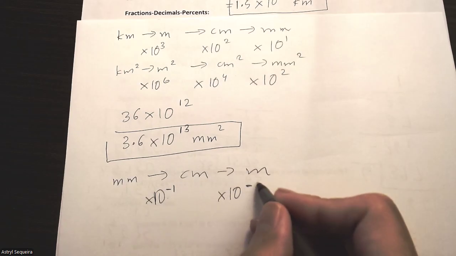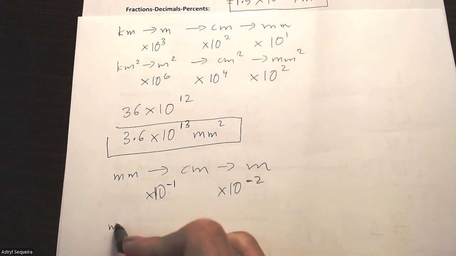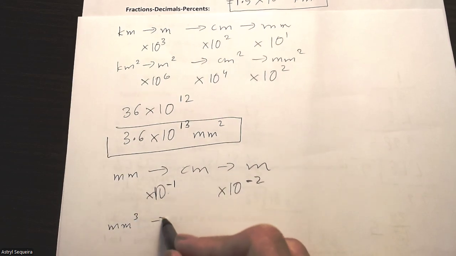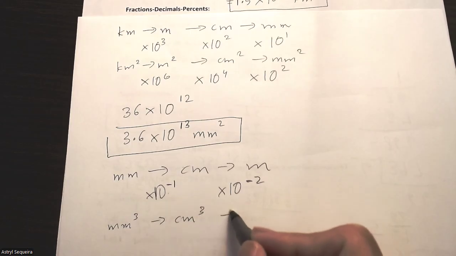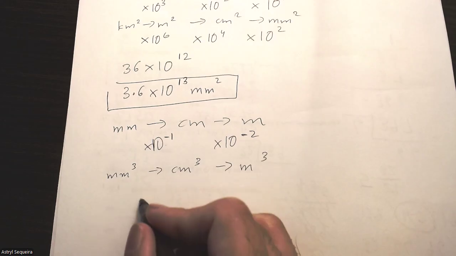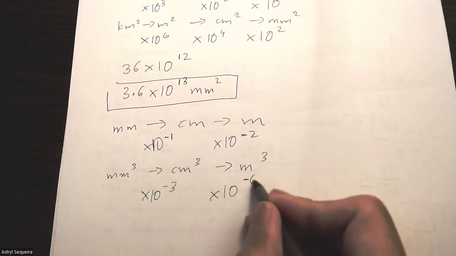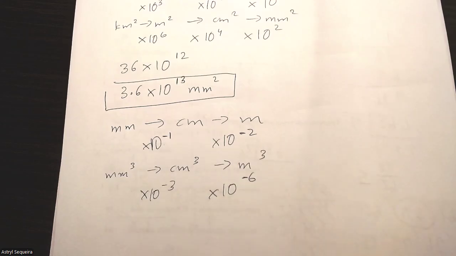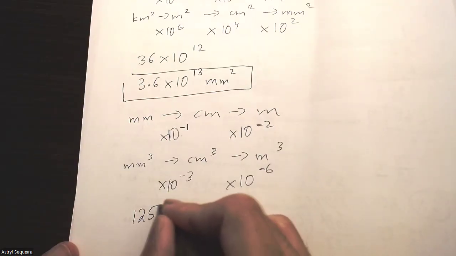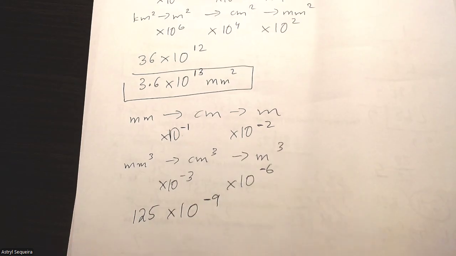Times 10 to the negative 2. Then we're doing millimeter cubed to centimeter cubed to meters cubed, which means this is times 10 to the negative 3, and this is times 10 to the negative 6. So in total, that's 10 to the negative 9 if we add the exponents. So I'm doing 125 times 10 to the negative 9.